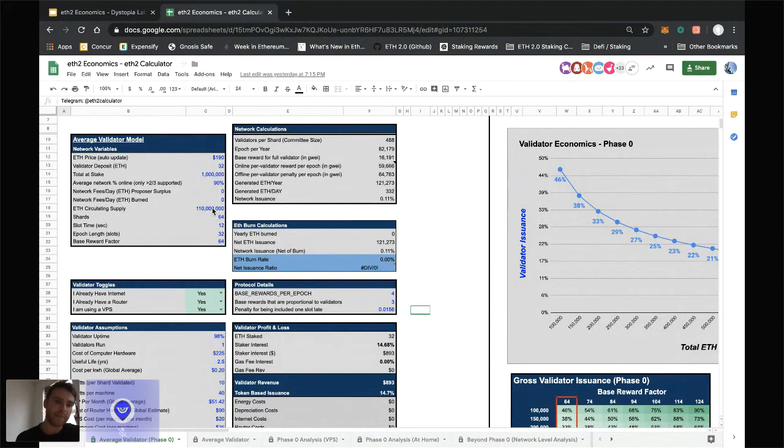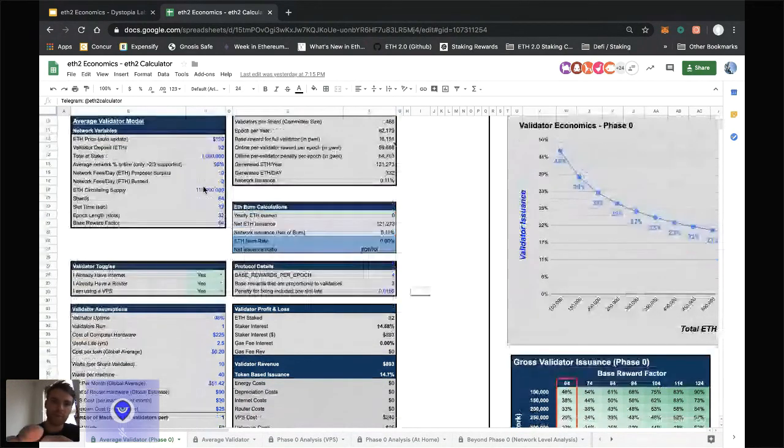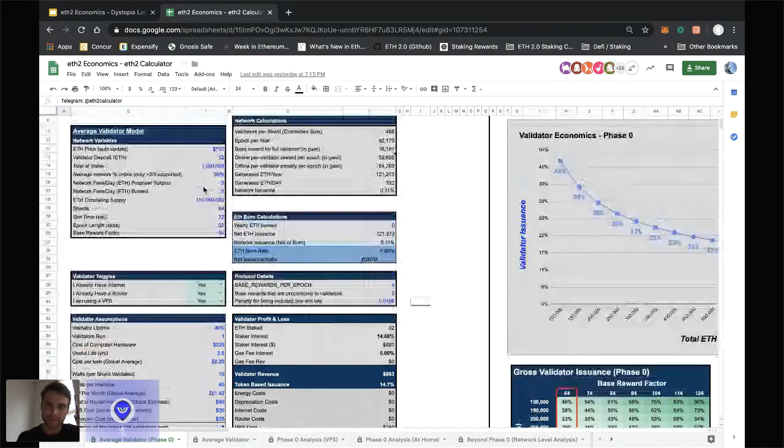ETH circulating supply can be up to you. Average network percent online can be customized. Total at stake can also be customized. Validator deposit, 32 ETH, is fixed, and then the price of ETH, which I currently put in at 190. So those are the network level things, and they push through to the right hand side over here, which is the output.